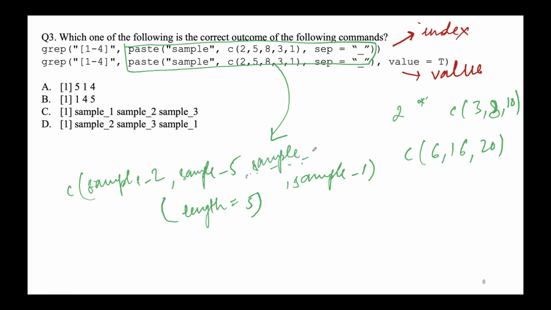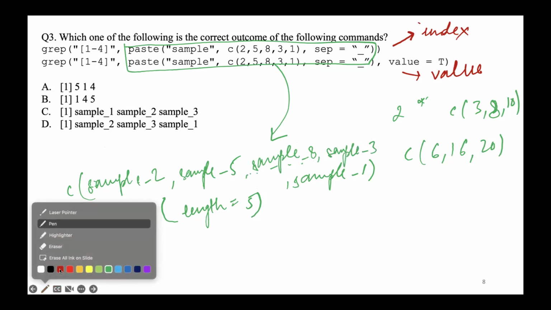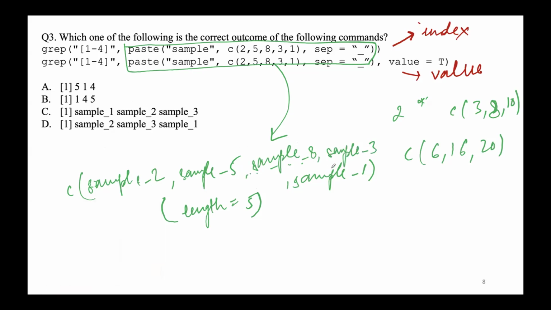So sample underscore 8, and then I'll have sample underscore 3, right? Now you tell me which of these has 1, 2, 3, 4. So this has, this has between 1, 2, 3, 4, and this has between 1, 2, 3, 4. So what is the index? The first index is right, the fourth index is right, and the fifth index is right. So 1, 4, and 5 for this one.